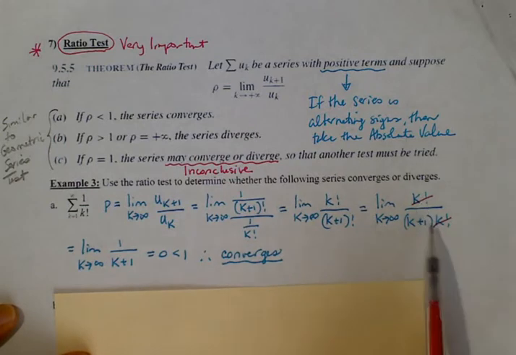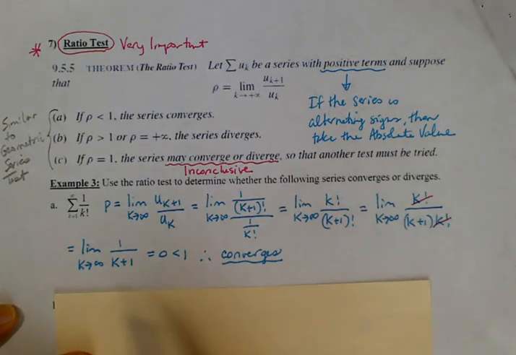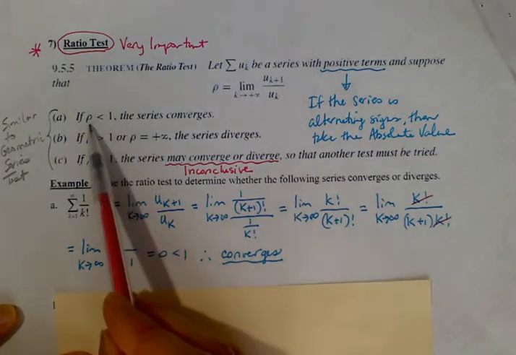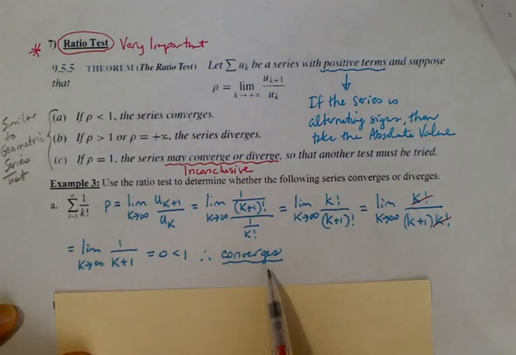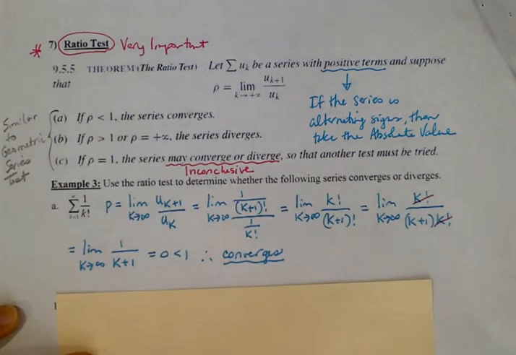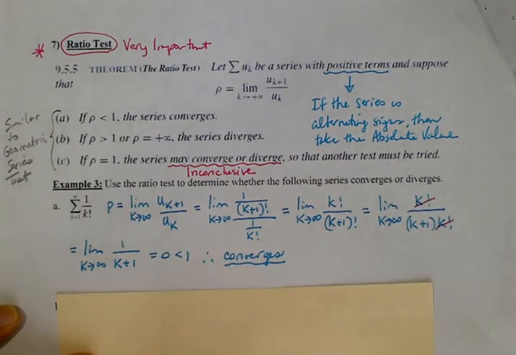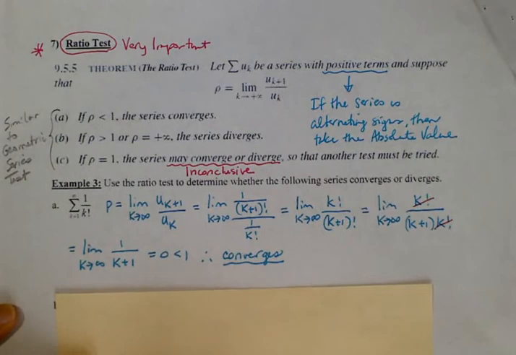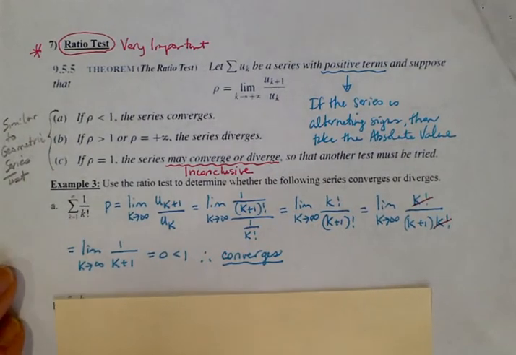Right, so the k factorials cancel out, so I'm left with 1 over k plus 1, and then as I take k out to infinity, it equals 0, which is less than 1. So then by the rule that's stated up here, the series converges. So the ratio test is actually very good for series that have factorials in them.